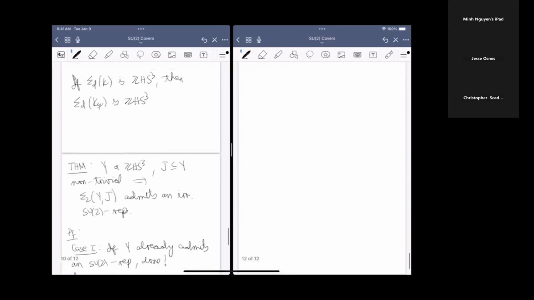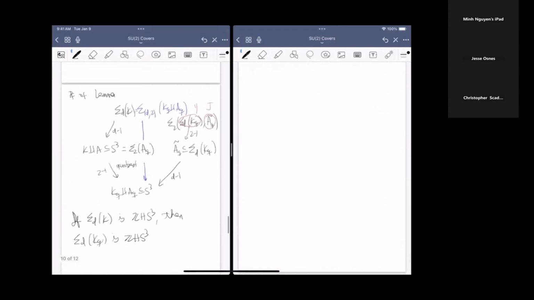Okay, but notice that in the proof of the lemma, basically, the only thing that I am saying is that I have this equality, so I just have this commutativity of these diagrams, right?